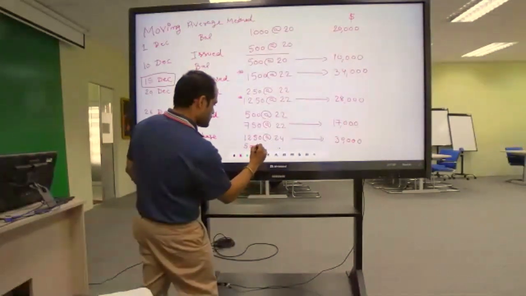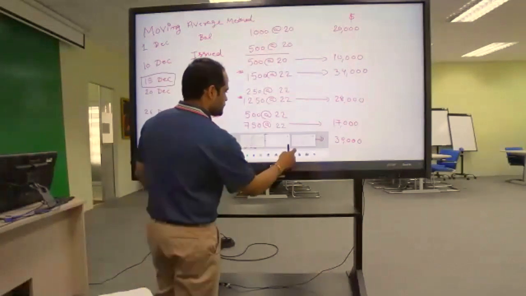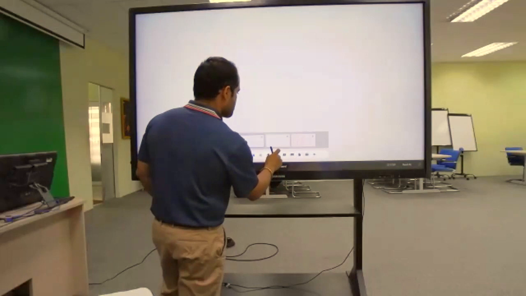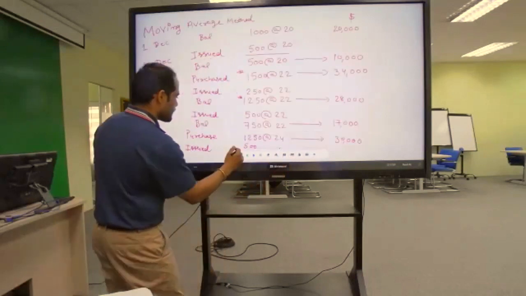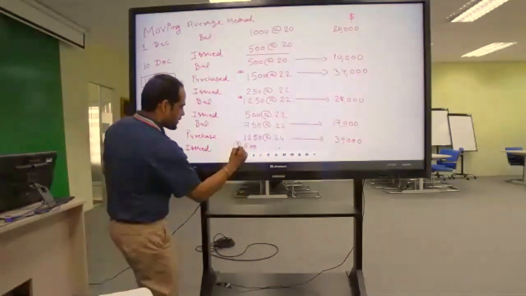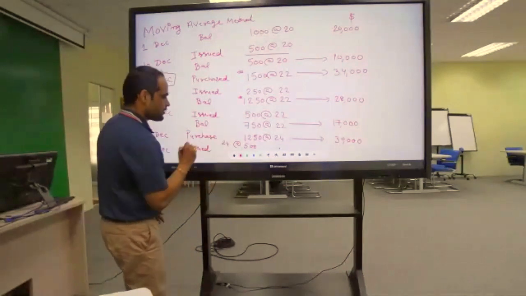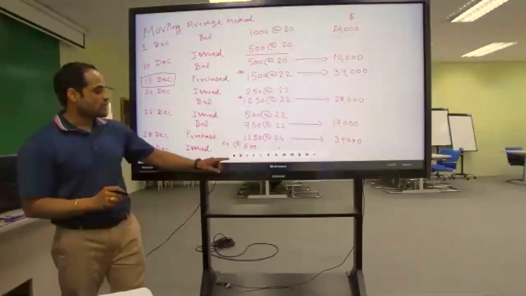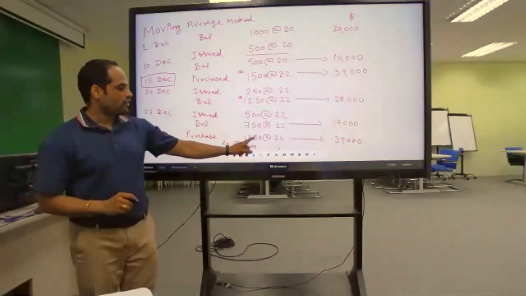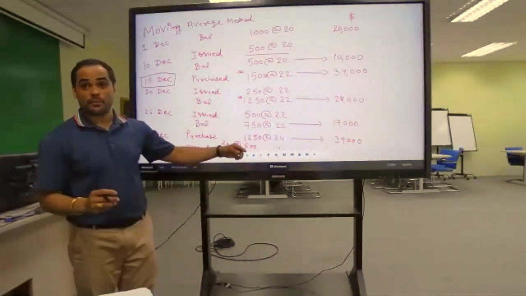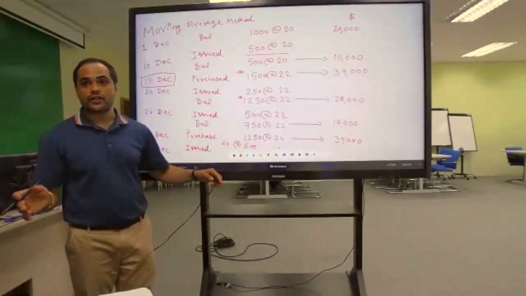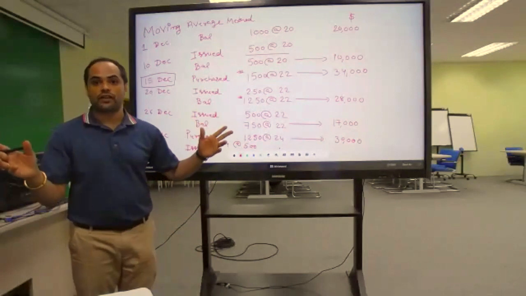So right down here, 500 at 24, material out. So how much is left? 1250 minus 500 because 500 out, which is 750.